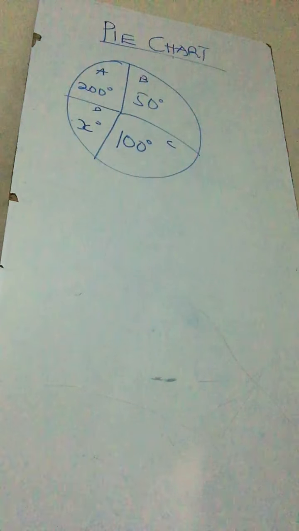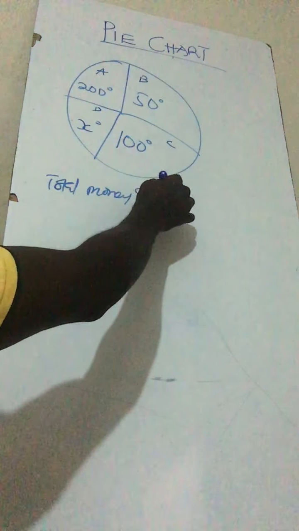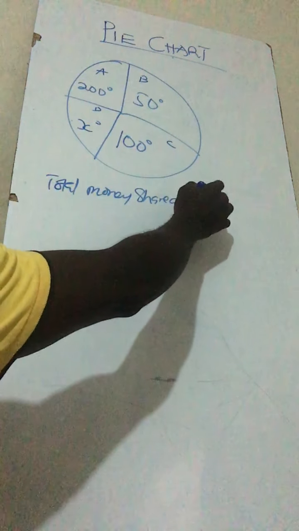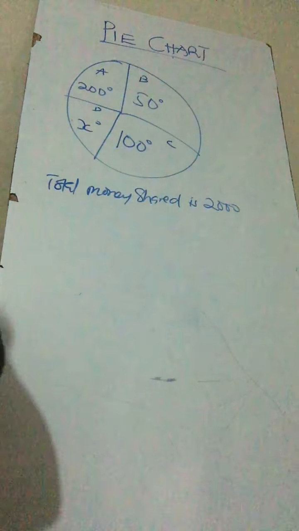If they give you that the total money shared is, let's say, 2,000 Ghana cedis, find how much A had.